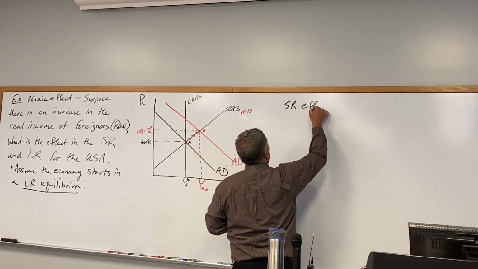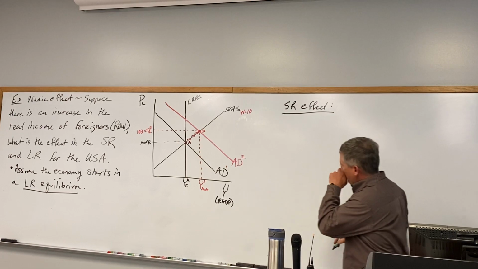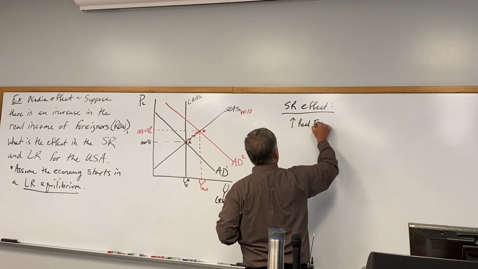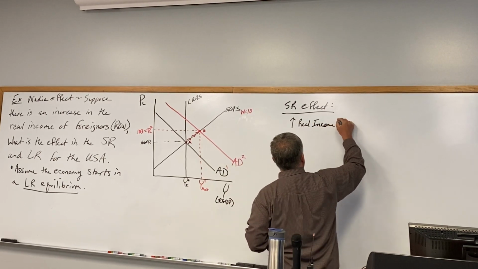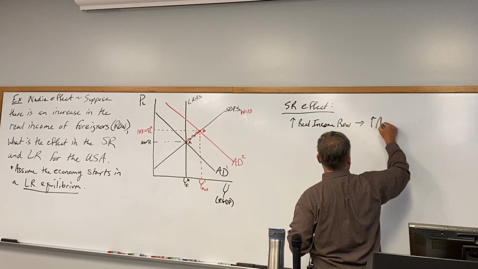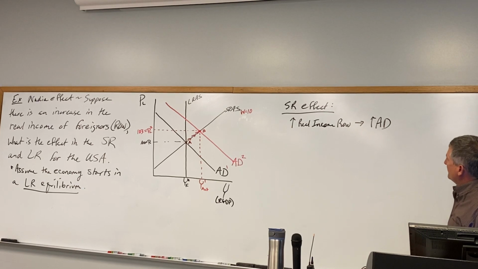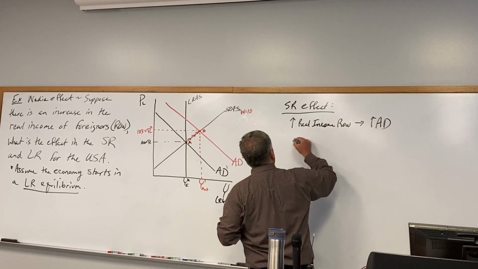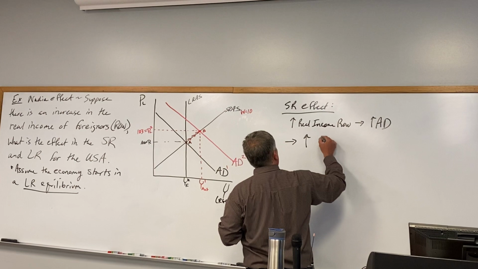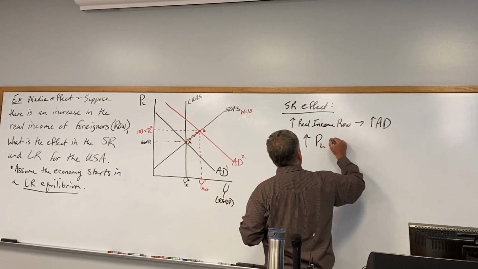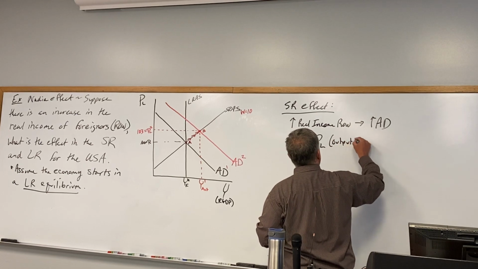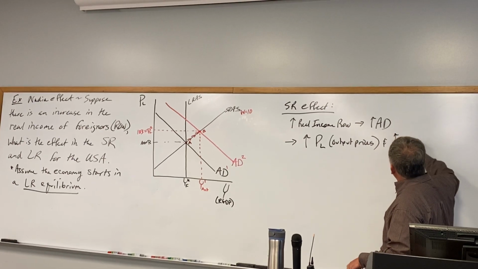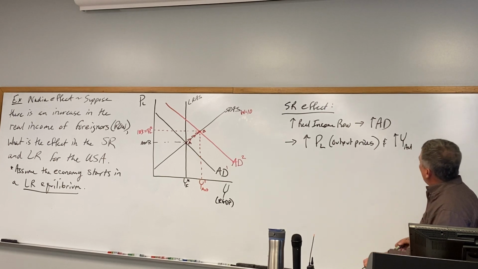The short run effect: the increase in real income of rho leads to an increase in aggregate demand, which leads to an increase in the price level, output prices, and an increase in the actual level of real GDP.